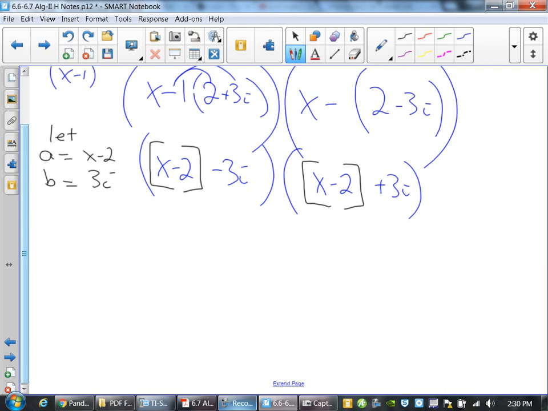This will probably be the only time that I actually write out this substitution step. I'm taking something that looks awful and using something very easy to represent it. Because watch what happens when I do that. I get a difference of squares: a minus b, a plus b. See how that looked? And when you have a difference of squares, you get a squared minus b squared.